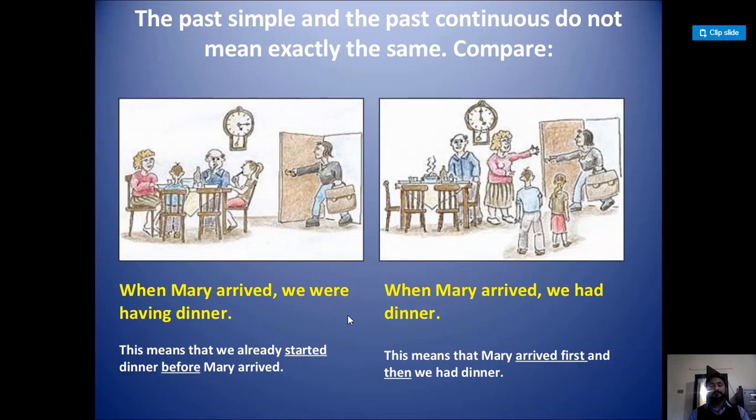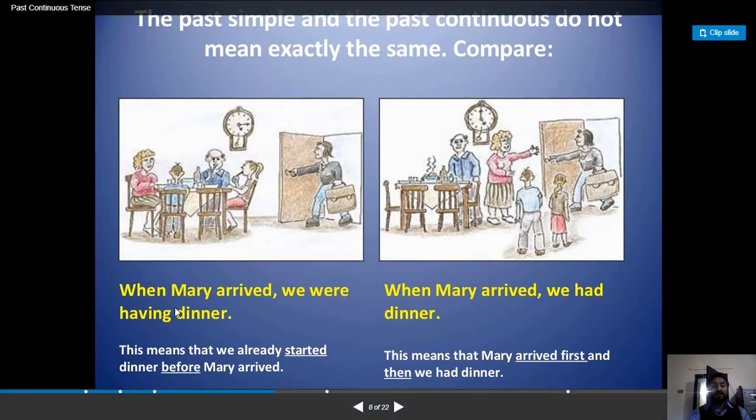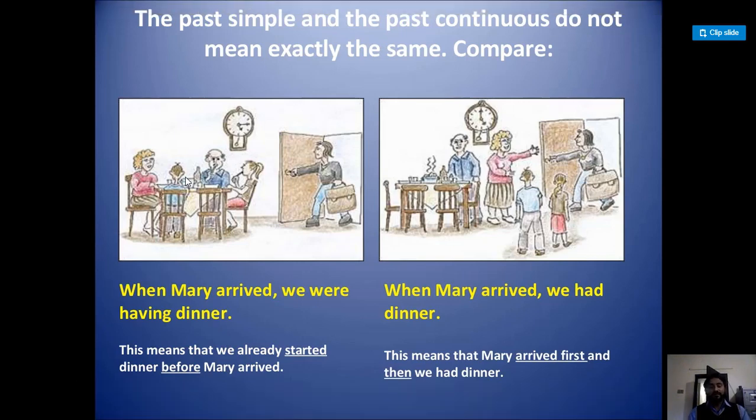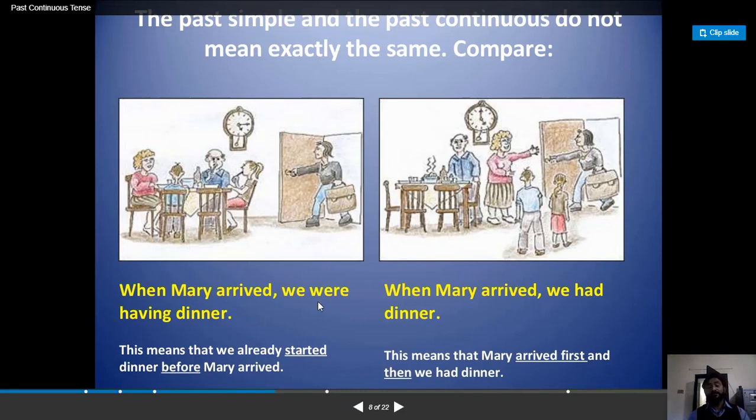The past simple and the past continuous do not mean exactly the same. Compare, you can see: when Mary arrived, we were having dinner. We were eating our dinner when Mary arrived. So something was happening when another action happened.